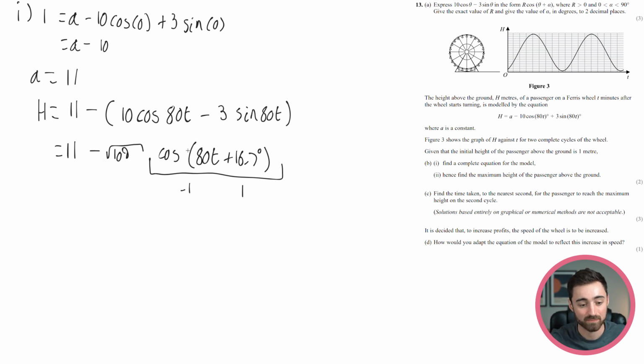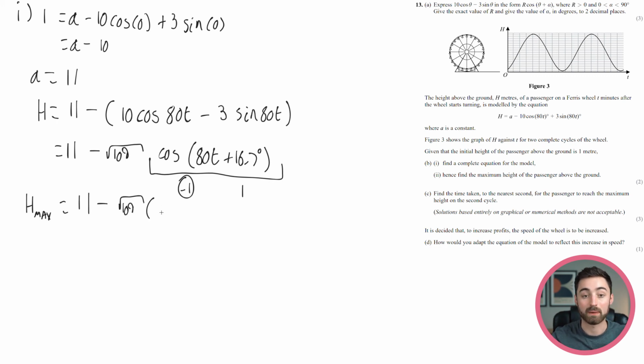It'd maximize it. So the maximum value of h is going to occur when this thing here is equal to minus 1. So h max is going to be 11 minus the square root of 109 multiplied by minus 1. So that's going to be 11 plus the square root of 109.